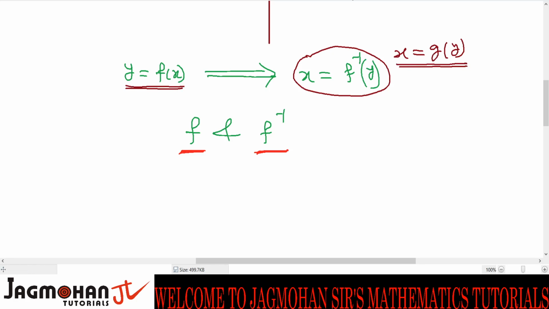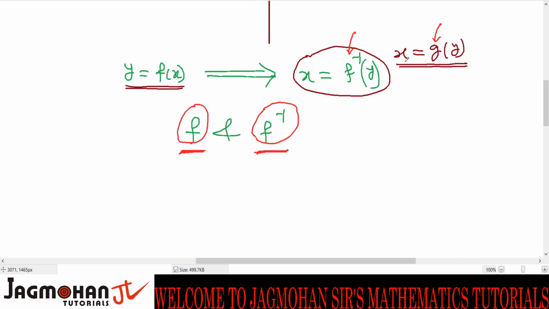See here what I have done. Instead of writing f inverse, I have written g. It is acceptable. The only difference is, when you wrote f inverse, even without saying, it is very much clear that f inverse is the inverse of f.